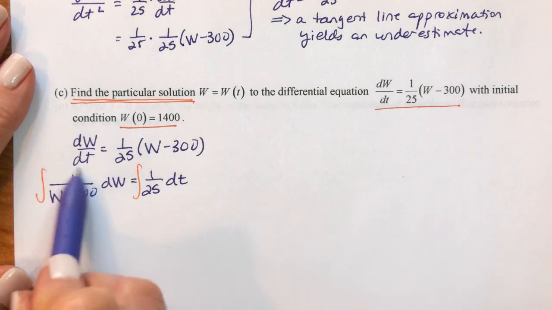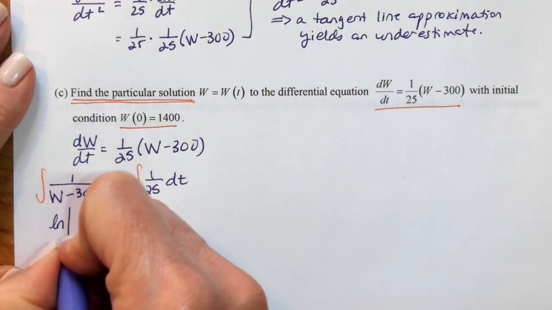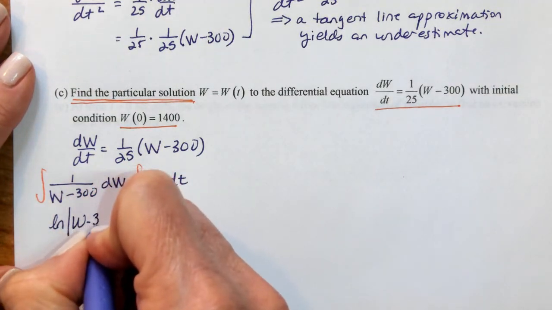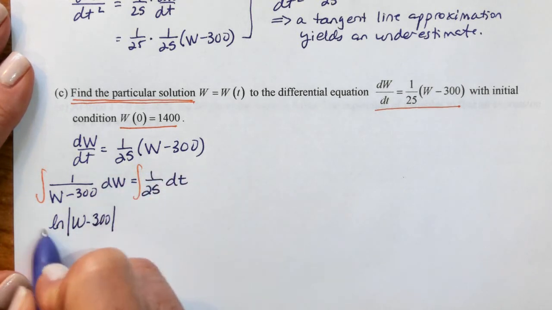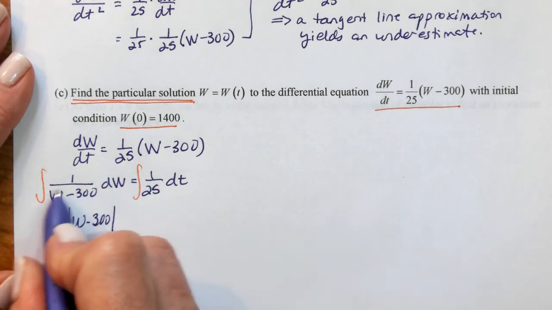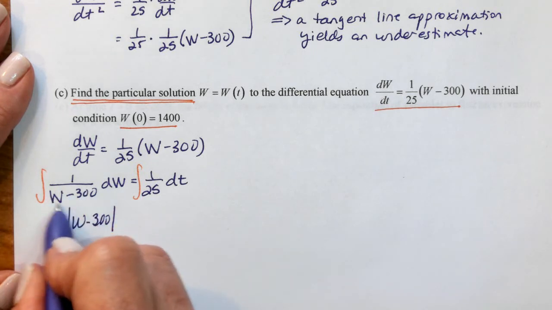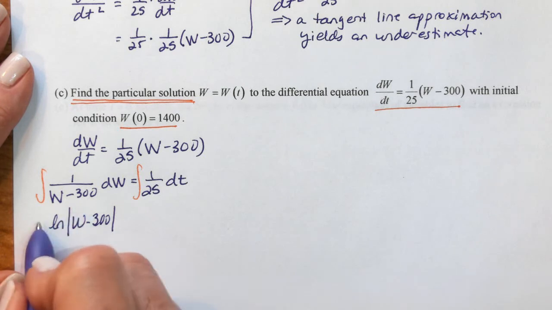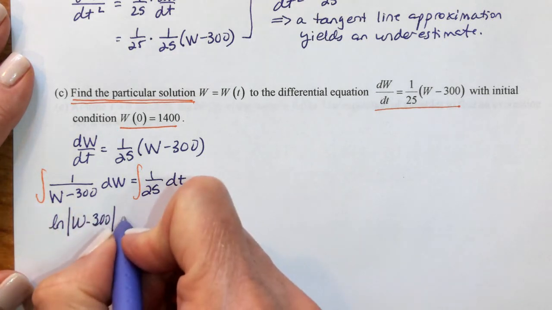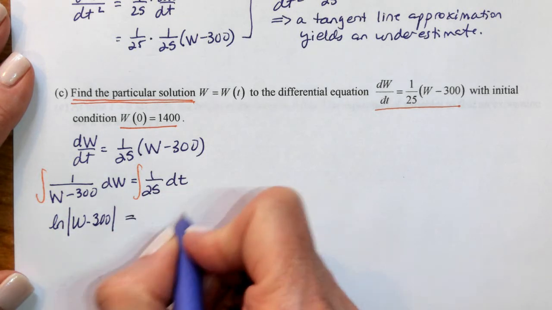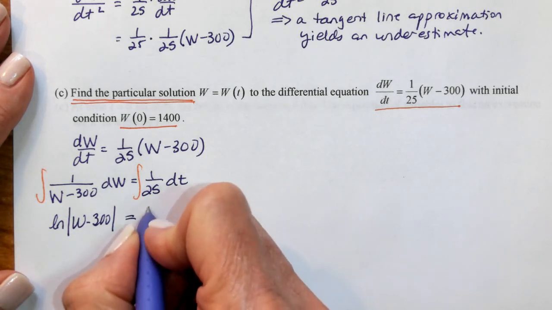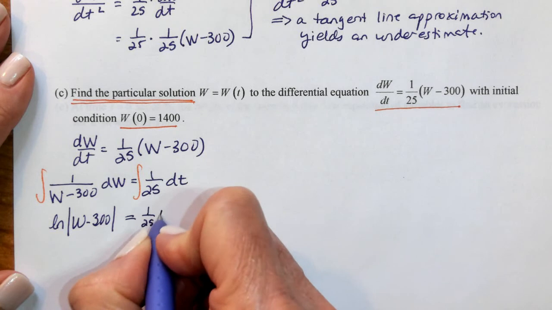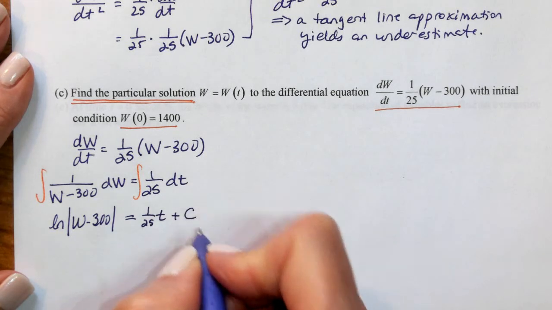The integral of this is natural log absolute value W minus 300. No coefficient because the derivative of this is positive 1. Remember, if the derivative of this is some other number, then you have to divide by that number, 1 over that number out in front. There would be a plus c, but I'm going to combine the c's over on the right-hand side. This will be 1/25 t plus c.